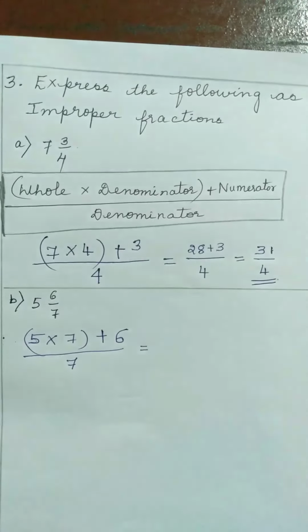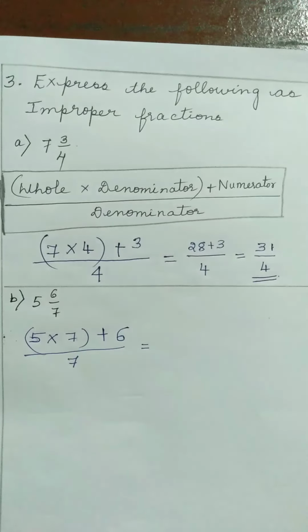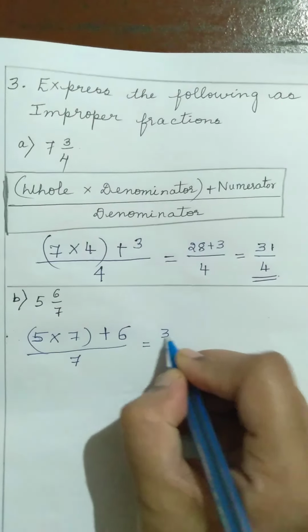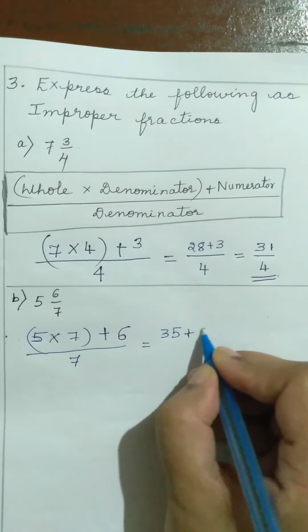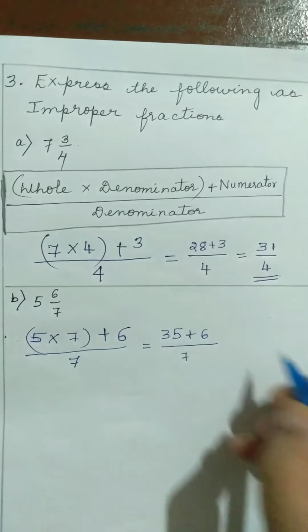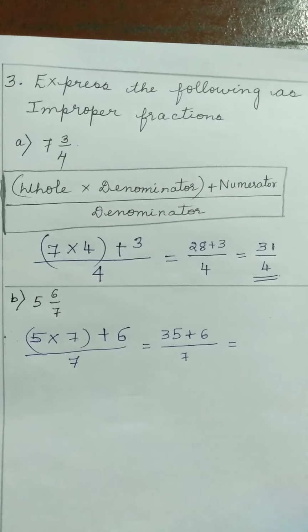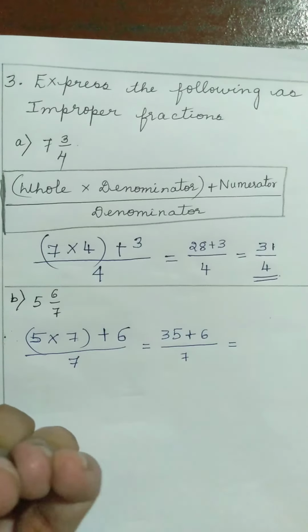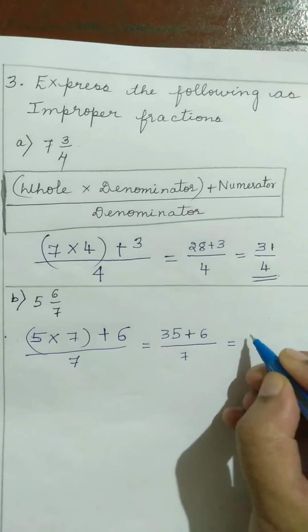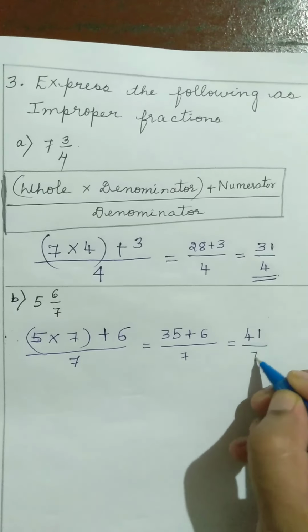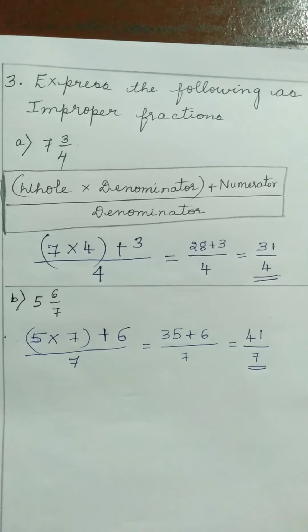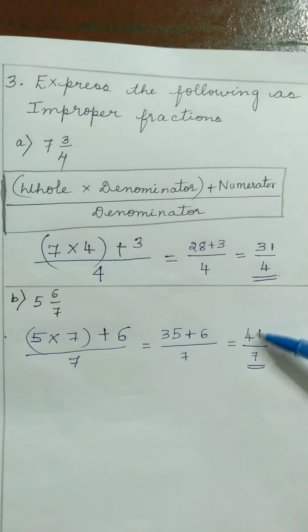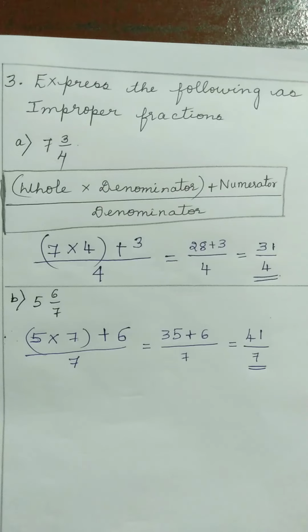On further simplification, 5 into 7, that is 5 sevens are 35, plus 6, divided by 7 equal to 35 plus 6. 35 plus 6, 36, 37, 38, 39, 40 and 41. 41 by 7. Therefore, the answer 5 6 by 7, which is a mixed fraction, when converted to an improper fraction, will be equal to 41 divided by 7 or 41 by 7.